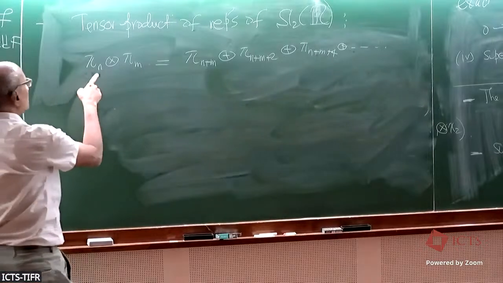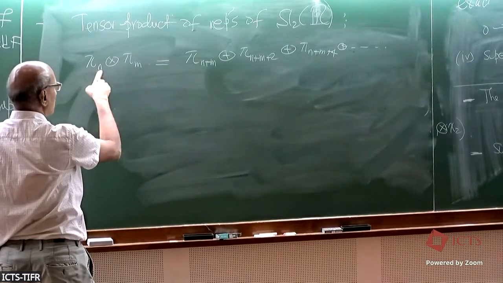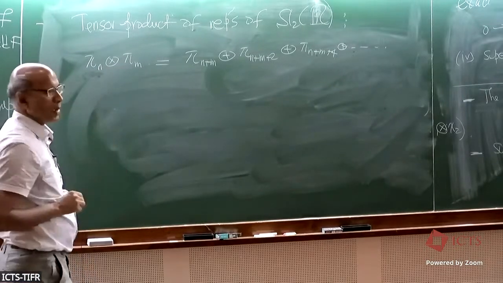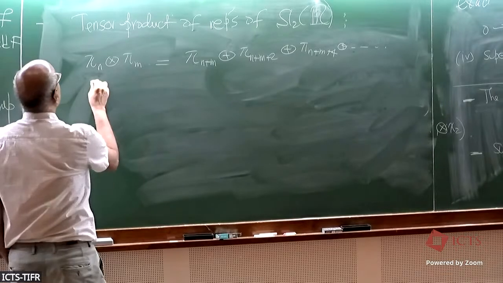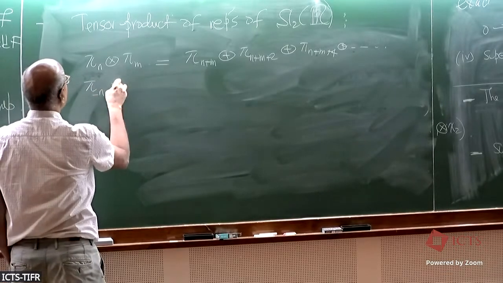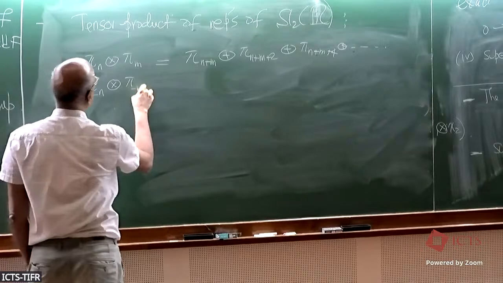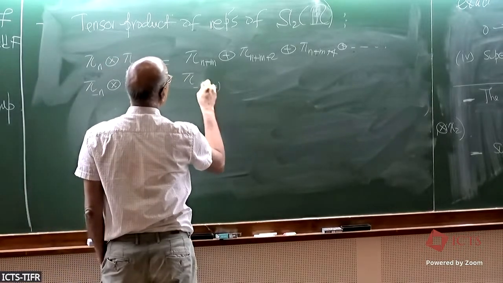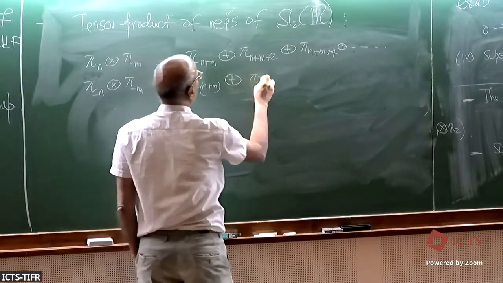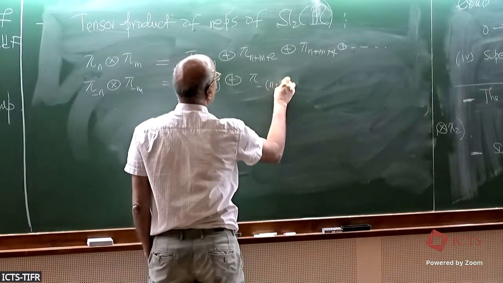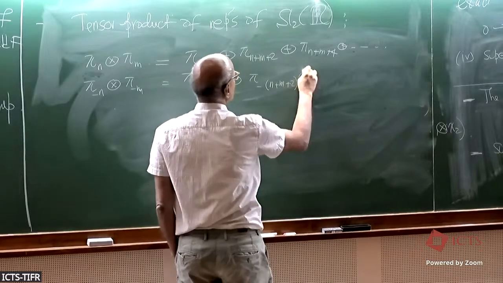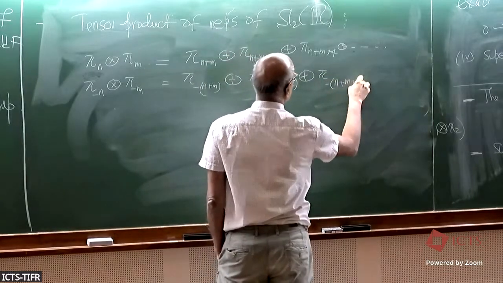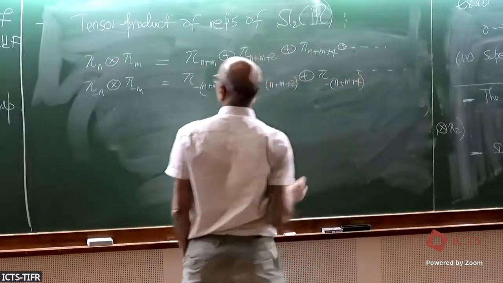I want to do this not only for pi_n tensor pi_m, but for all representations in the L-packet. So in the L-packet, there is also pi_n tensor pi_minus m, which will go from minus n plus m, then pi of minus n plus m plus 2, plus pi of minus n plus m plus 4, and so on.